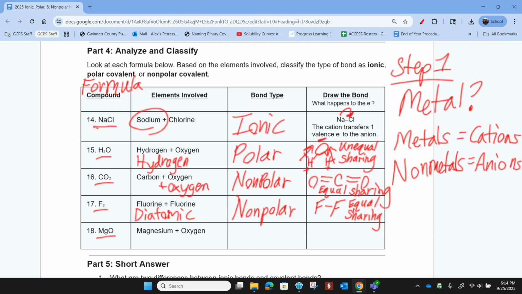All right, and then magnesium and oxygen. There's only one magnesium, one oxygen. And remember, step one, is there a metal? Magnesium is a metal. That is ionic, which means, here, let's draw it.